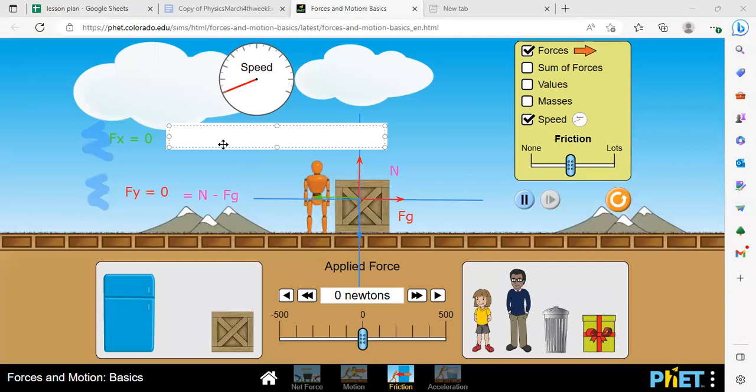So, although zero yung total force, yung net force, meron ka ng applied force. So, tinutulak mo siya pa right, pero di siya gumagalaw kasi may friction.